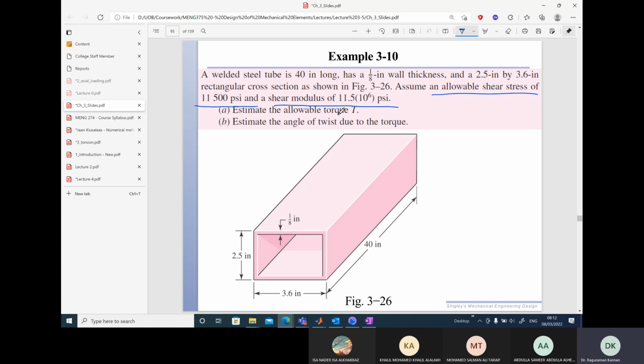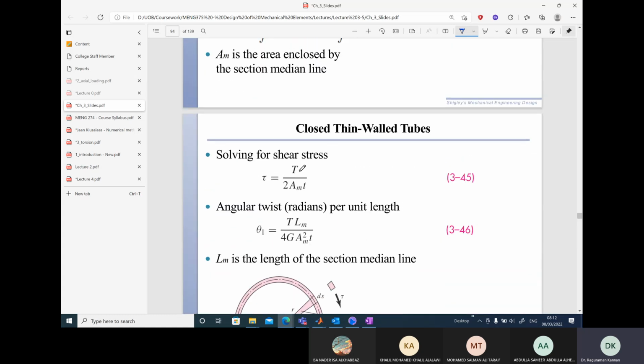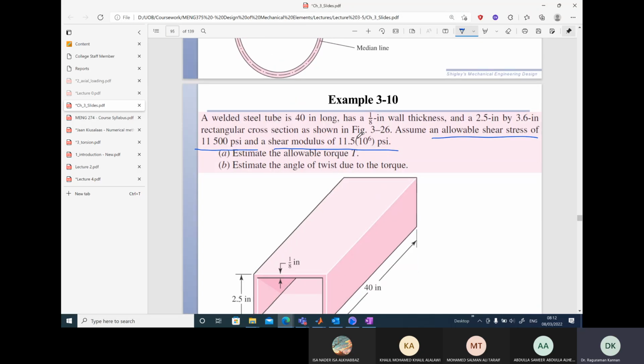Estimate the allowable torque T. So we have to reverse this formula here. We need to find torque. Substitute tau allowable here. Evaluate these quantities, multiply, you will get what is T allowable. Okay, allowable torque. Very simple formula.